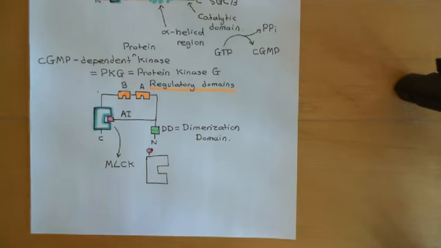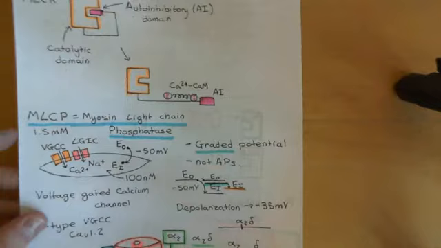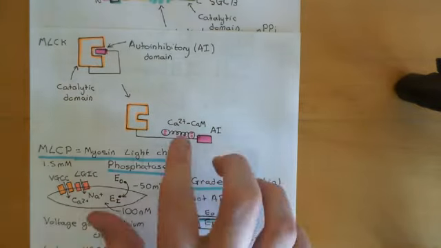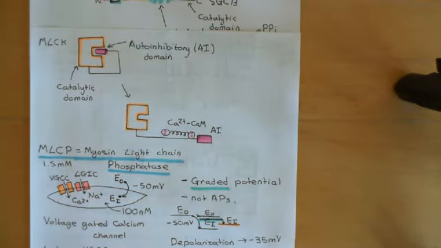Okay, so remember, how was myosin light chain kinase activated? If I get this picture back again. Is it here? No, it's not on that one. On this one, I think, yeah. How was myosin light chain kinase activated? It required the calcium calmodulin complexes to bind to the autoinhibitory domain to move the autoinhibitory domain out of its catalytic site.